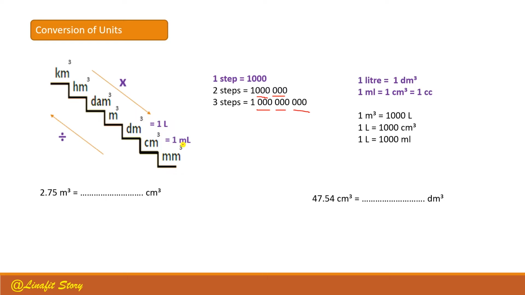So for example here, convert 2.75 cubic meter to cubic centimeter. Cubic meter to cubic centimeter. Step down. So we multiply. How many steps? 1, 2.